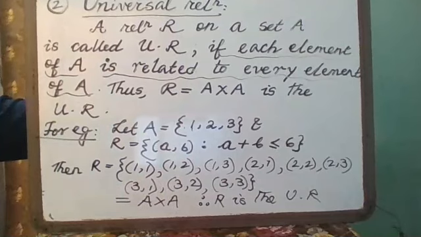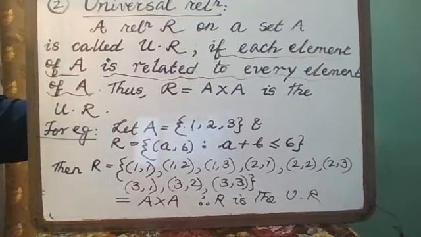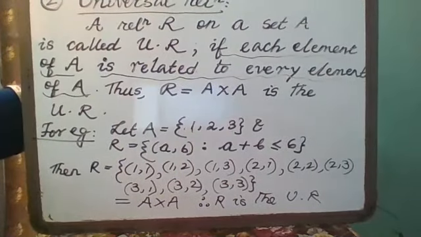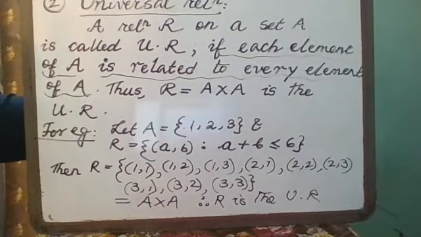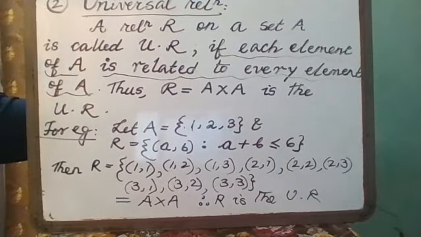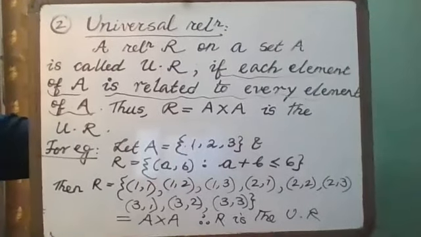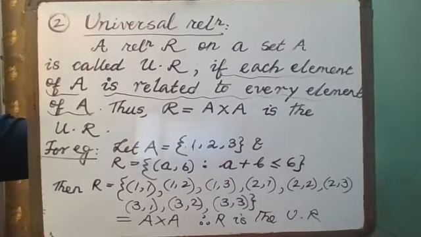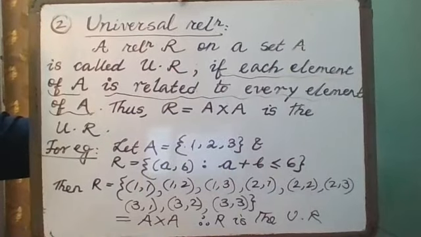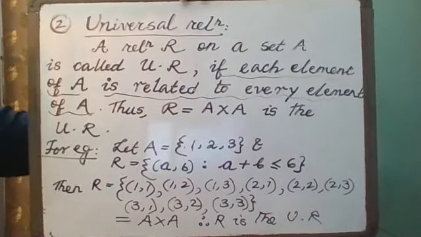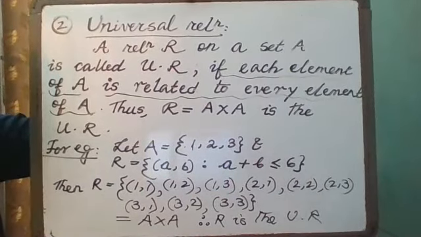Every element related to every element. So this is what is meant by universal relation. Done? Any doubt? Two types of relations I have explained: empty relation and universal relation.